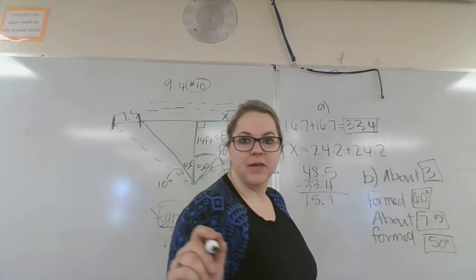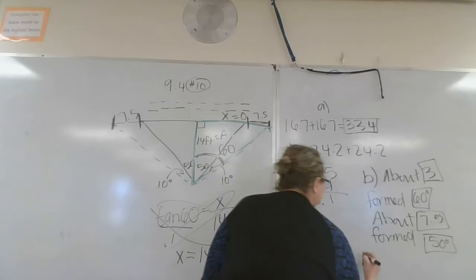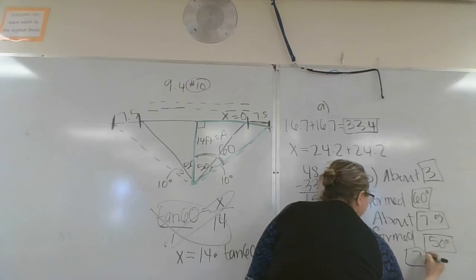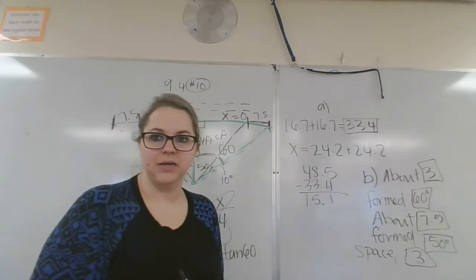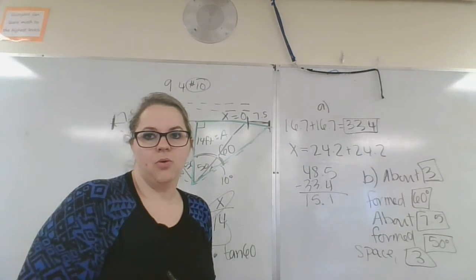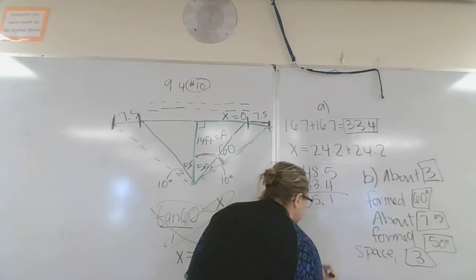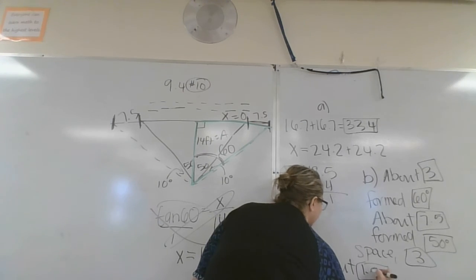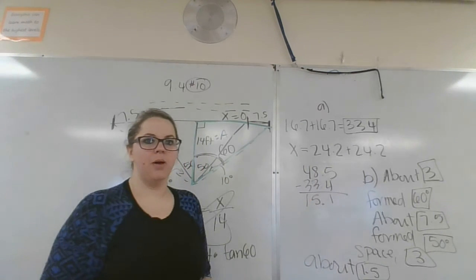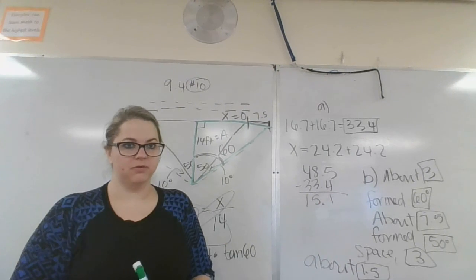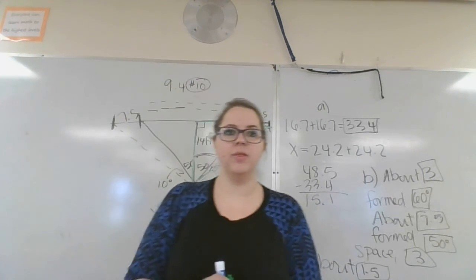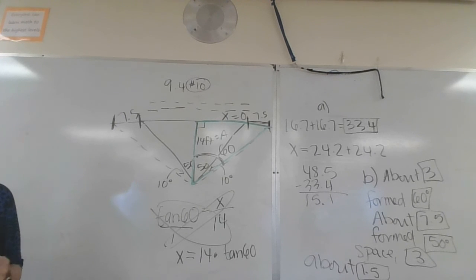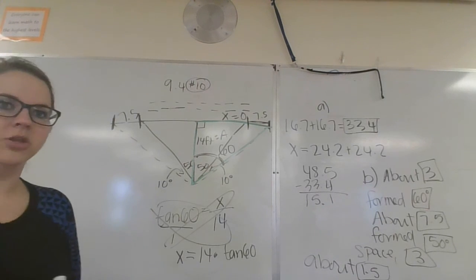So right here it says space, comma, and then another 3 more students, that's what we said, with about 1.5 feet left over. I hope that helps, with 9.4. These were the ones I noticed that were the hardest to figure out. So they've been answered, they're on here. Good luck.